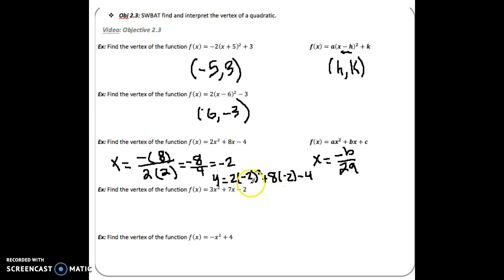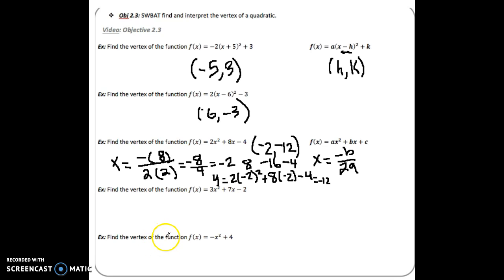So negative 2 squared is positive 4 times 2 is 8, and then this is minus 16 minus 4. So that's going to give us negative 12. So y is equal to negative 12. So my x coordinate, again, was negative 2. My y coordinate was negative 12. So our vertex is negative 2, negative 12.